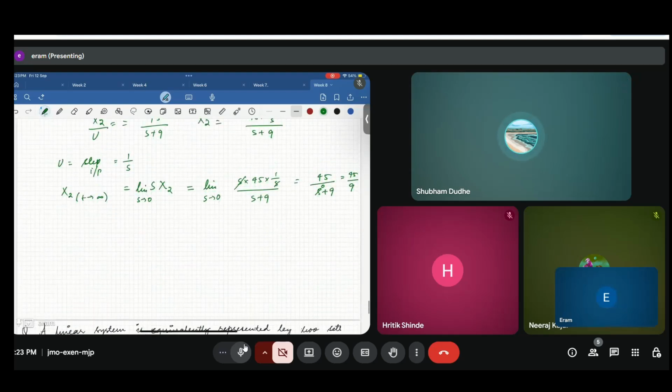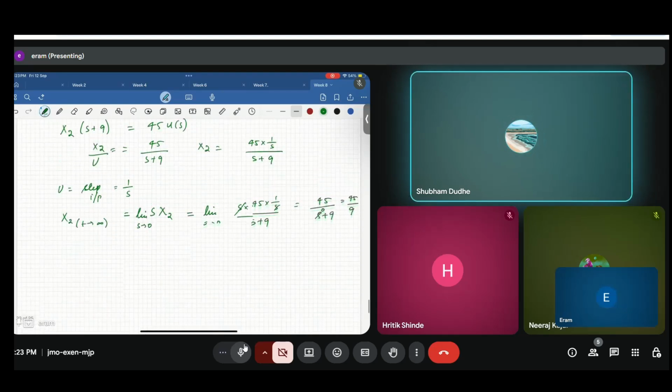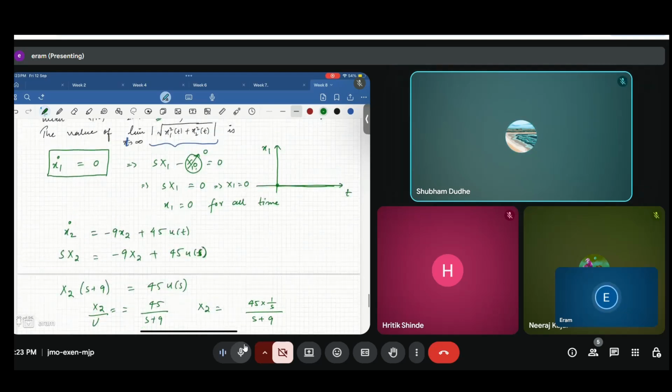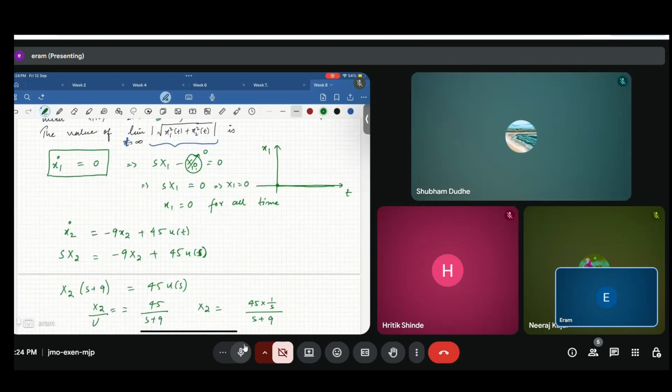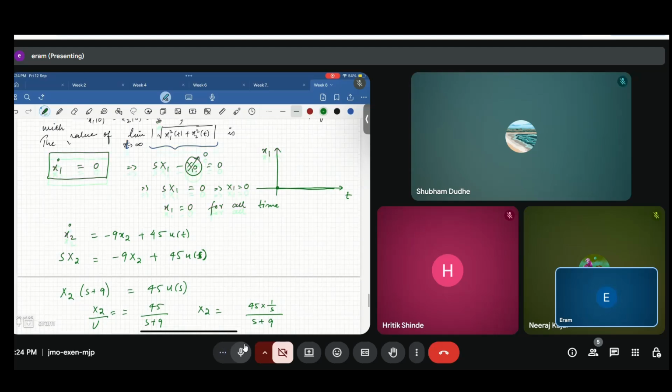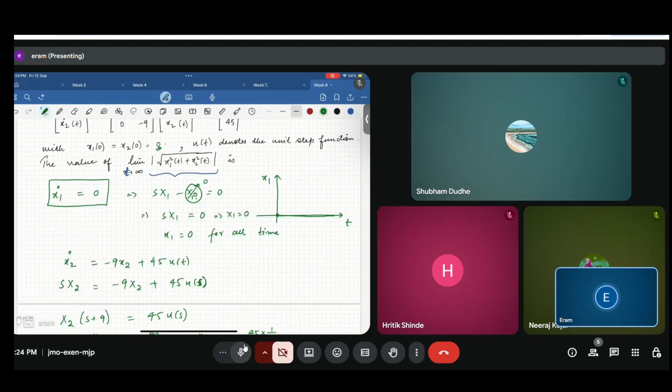Ma'am, please explain the calculation for x1 dot. For x1 dot equal to 0, what does it mean? You are not going to change with respect to time; your change with time is 0. So you will remain where you started, and you started at 0.